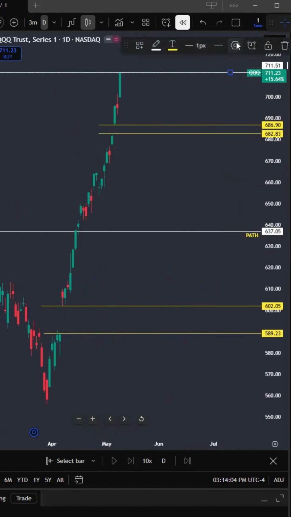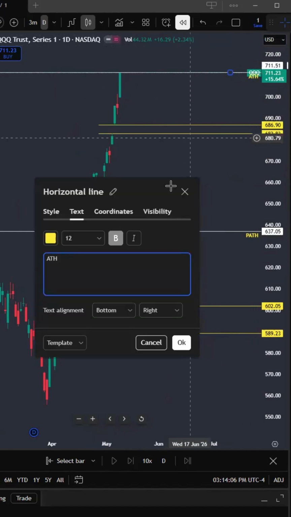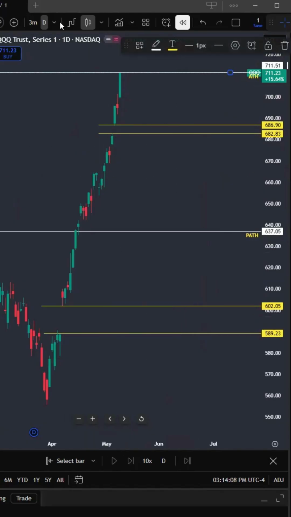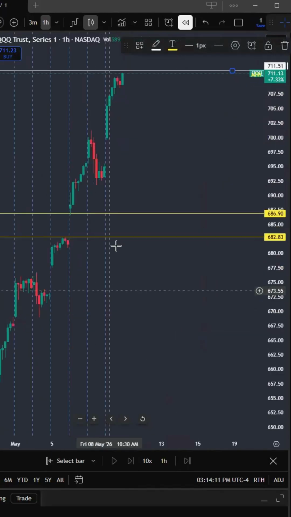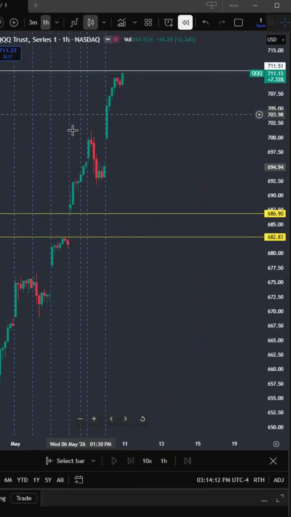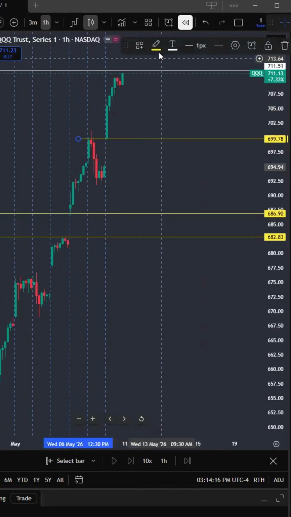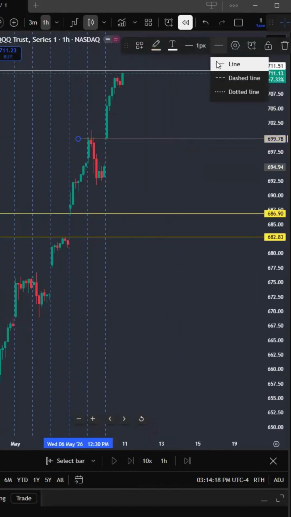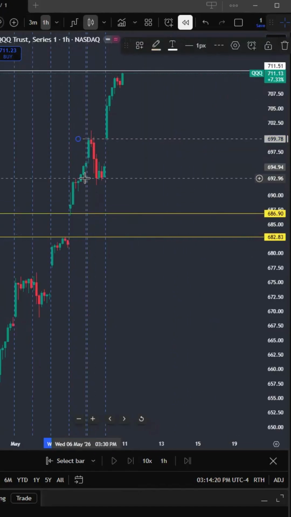And the all-time high. And we switch down to the hourly chart, extended hours off. Got a little level right here. Right here.